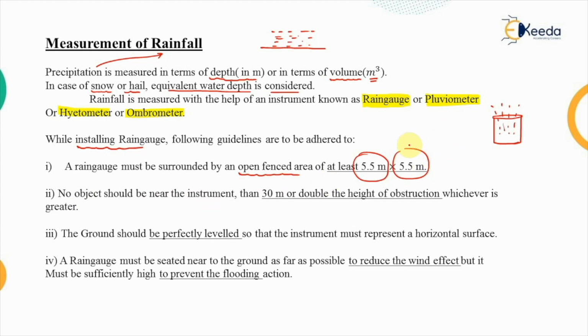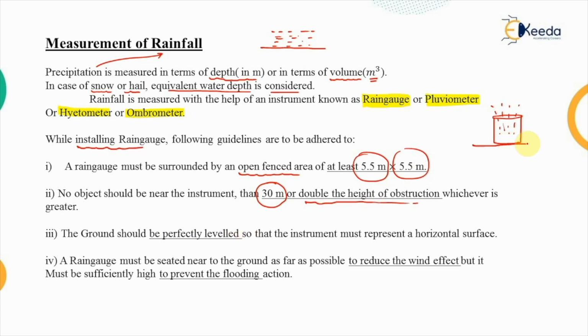Any obstruction should be away by at least 30 meters or double the height of the obstruction, and if both are counted, we take the maximum of these two values. The next point is that the ground on which this instrument is placed should be perfectly leveled.